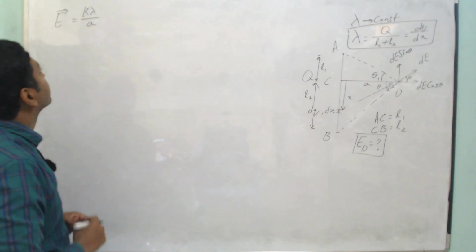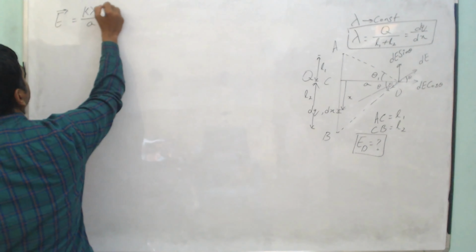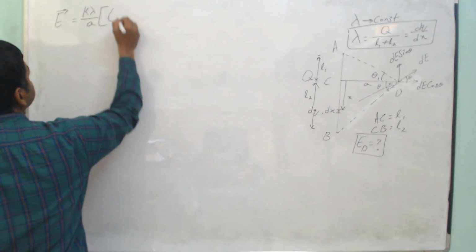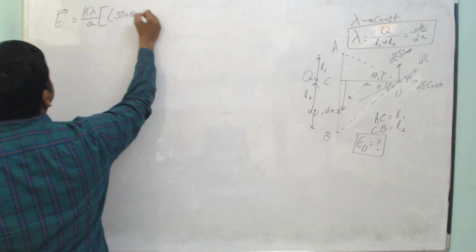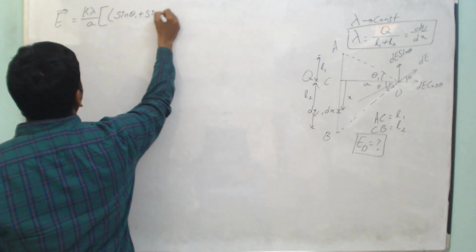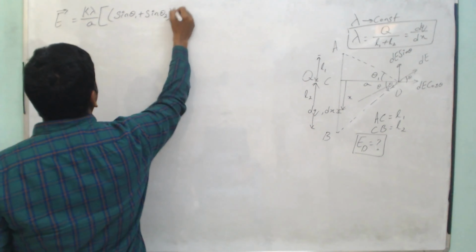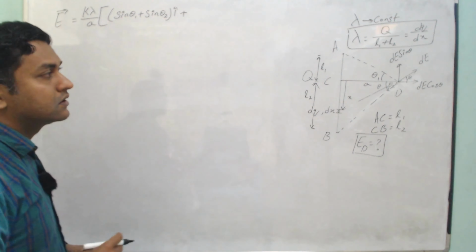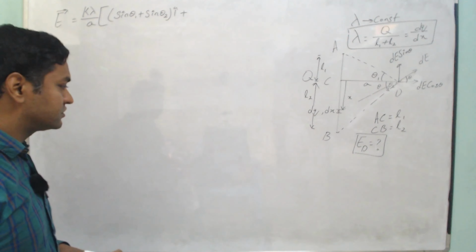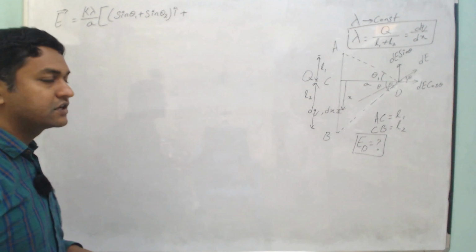Yes, sir. So k lambda by A. Now in brackets I have sine theta 1 plus sine theta 2 i cap, correct? Yes, sir. Sine theta 1 plus sine theta 2 i cap plus cos theta 1 minus cos theta 2. Just check it. Is it correct?